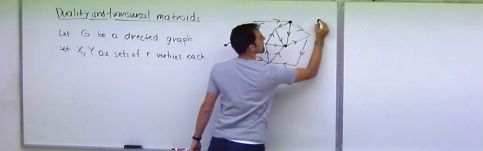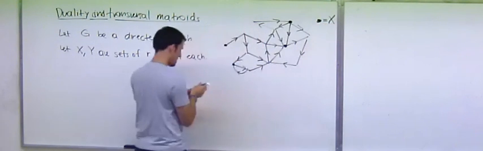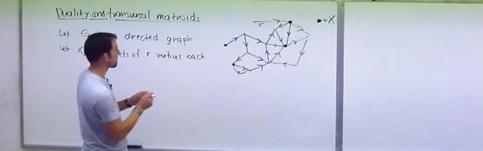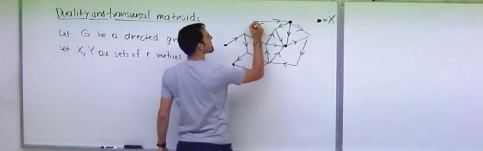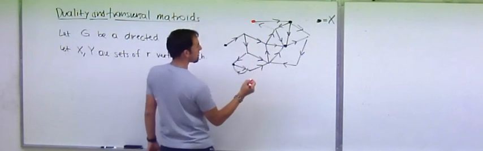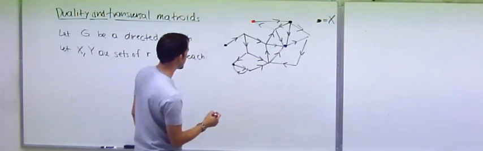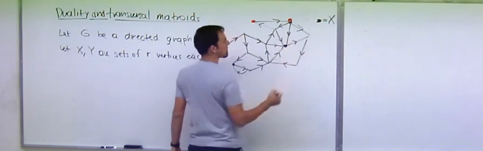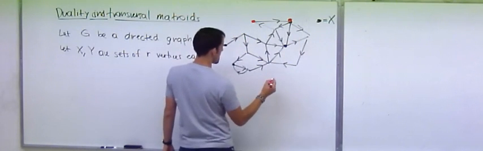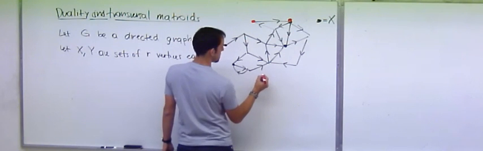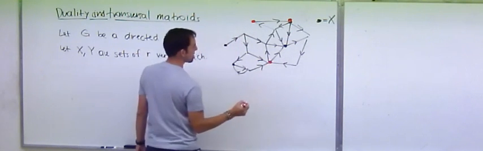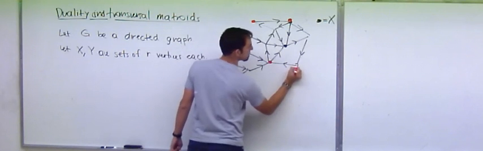So this is X, and then I'm supposed to pick 4 vertices that I call Y. So let me pick this one. Let me pick, let's see, what else should I pick? This one. You might repeat if you want. I'll pick this one, and I'll pick this one.